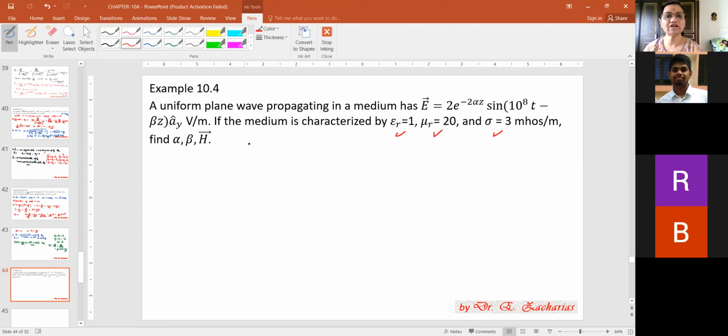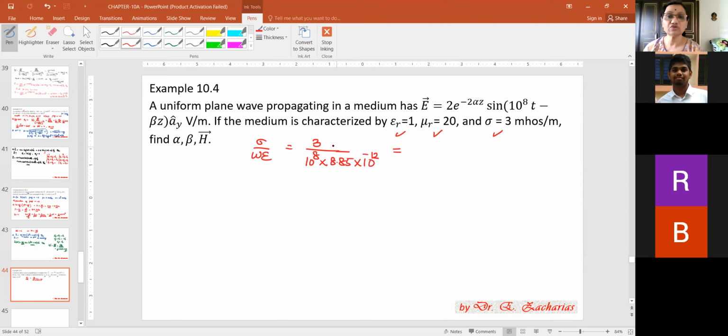Next, how do you check whether it is a conductor? For that, let us compute sigma by omega epsilon. So 3 divided by 10 to the power of 8, since omega is 10 to the power of 8. And what is my epsilon? Epsilon is given as epsilon naught, which is 8.85 into 10 to the power of minus 12.